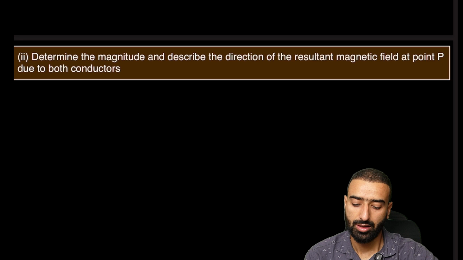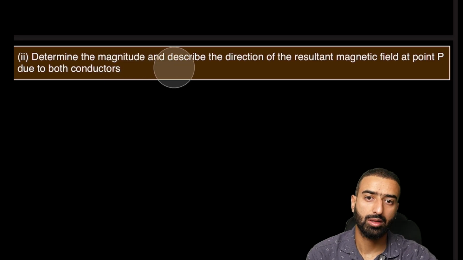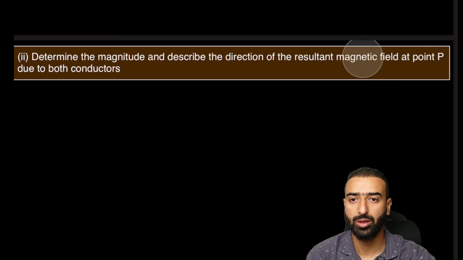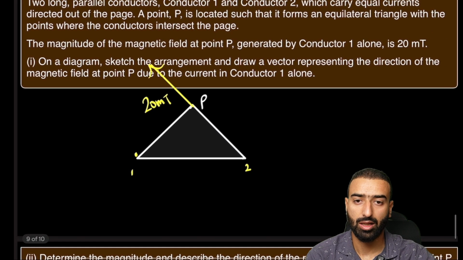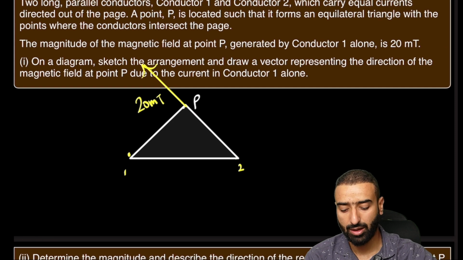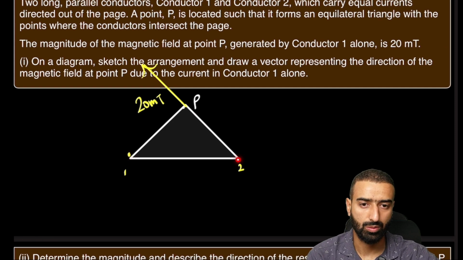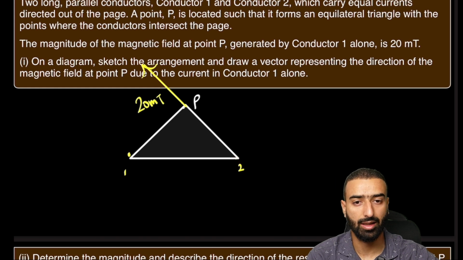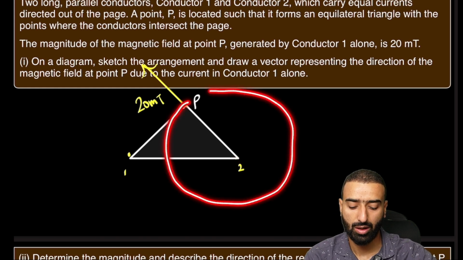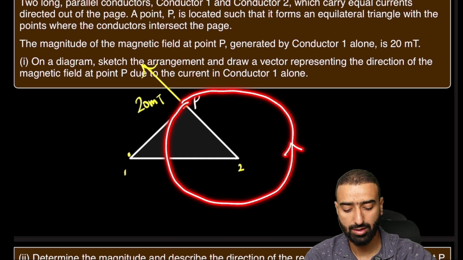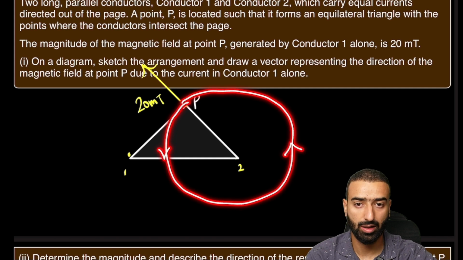The next part says find the magnitude and describe the direction of the resultant magnetic field at point P due to both conductors. Now this sketch that we drew here was the magnetic field due to conductor 1 alone. What about conductor 2? Well, we do the same thing again. For conductor 2, the magnetic field would be around in circles like this, due to the right hand rule.